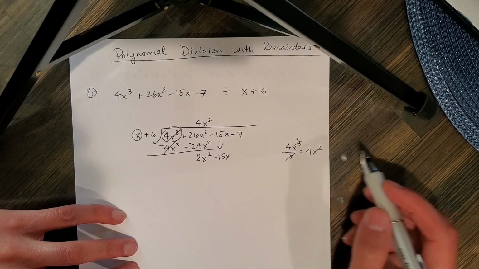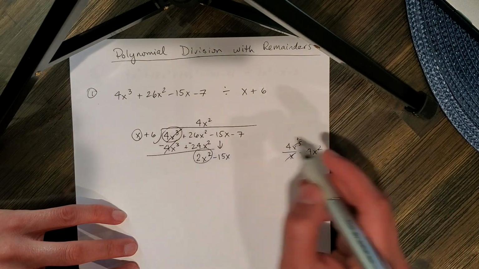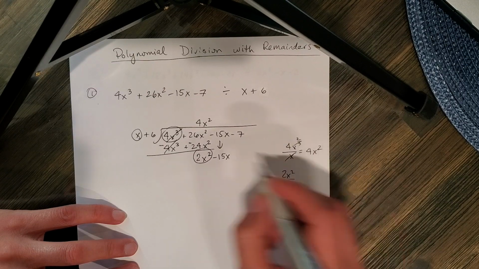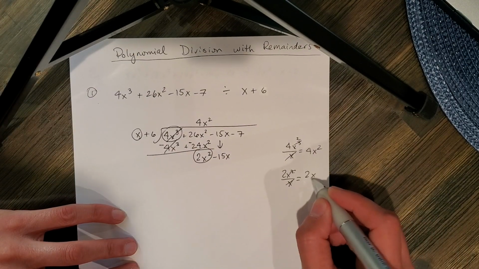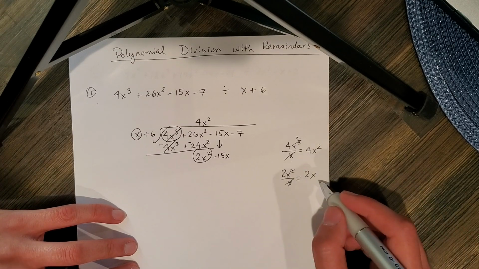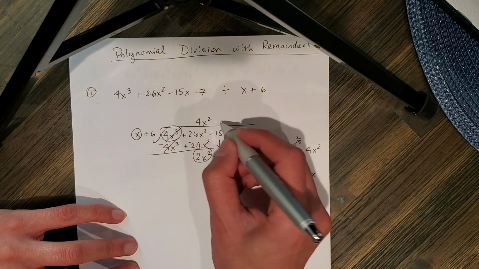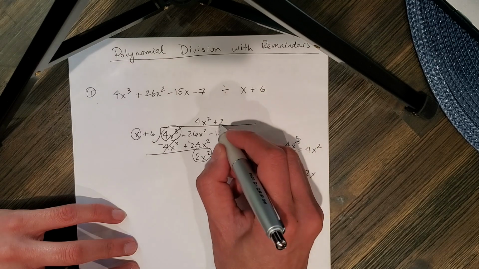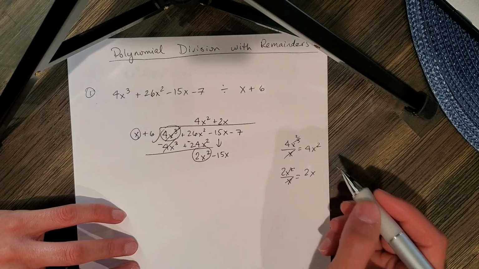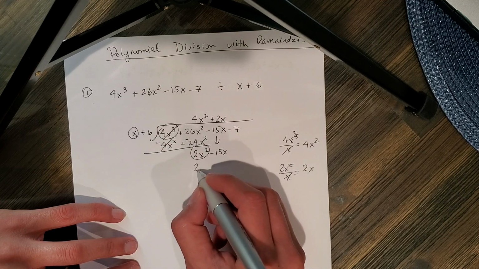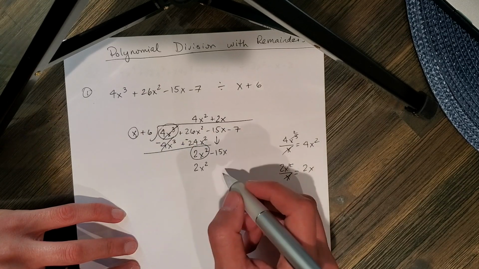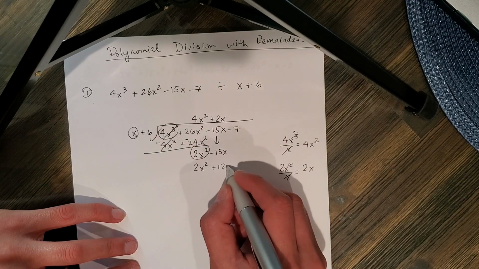And then we repeat. Okay, so we're going to take this first term here, 2x squared, and divide it by just x. So that's going to leave us with 2x. Okay, so it's 2x. We're going to write that above the x term, so that'll be plus 2x. And then we multiply. 2x times x is 2x squared. 2x times 6 is 12x.